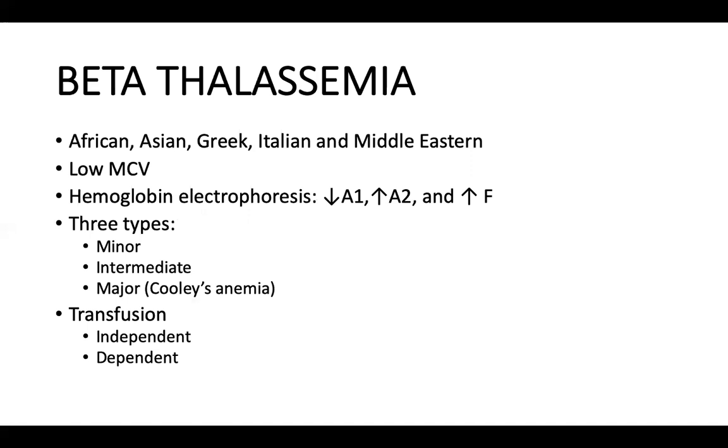Then there is the intermediate type, and it actually has 2 genes that are abnormal and 2 genes that are normal, but it usually makes enough beta chain to be asymptomatic or rarely require a transfusion.